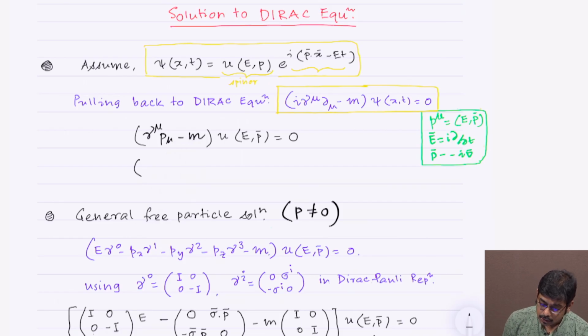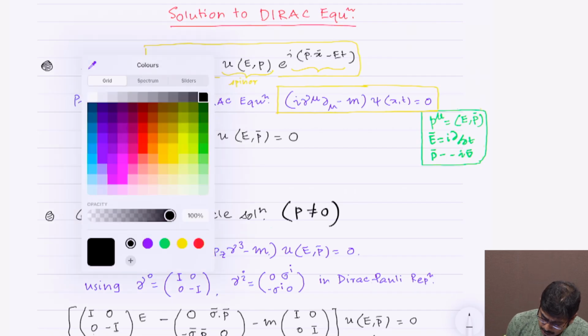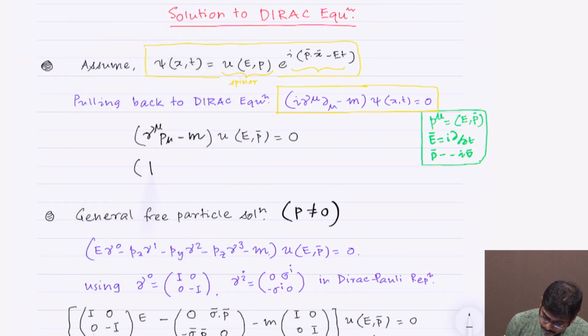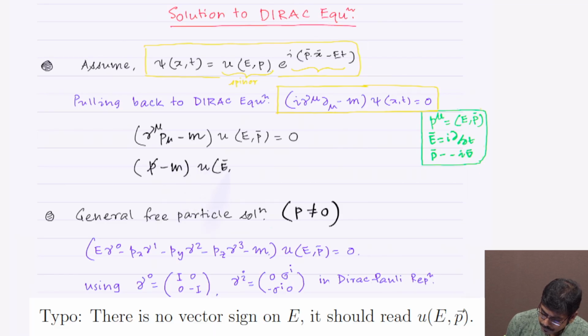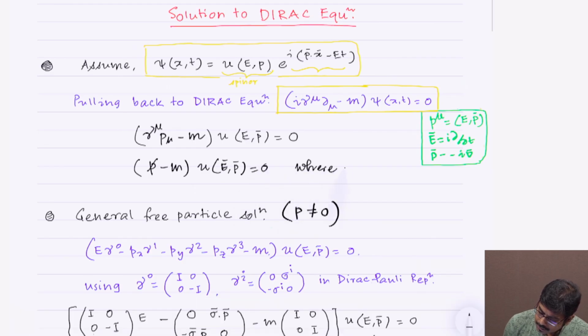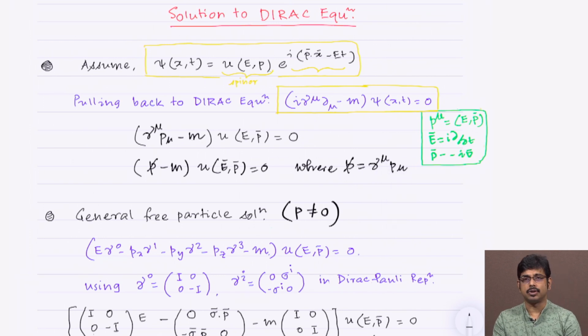There is a shorthand notation which we often write, which is (p slash minus m) u(E,p) equal to 0, where p slash is nothing but gamma mu p mu, because the Lorentz index gets contracted.